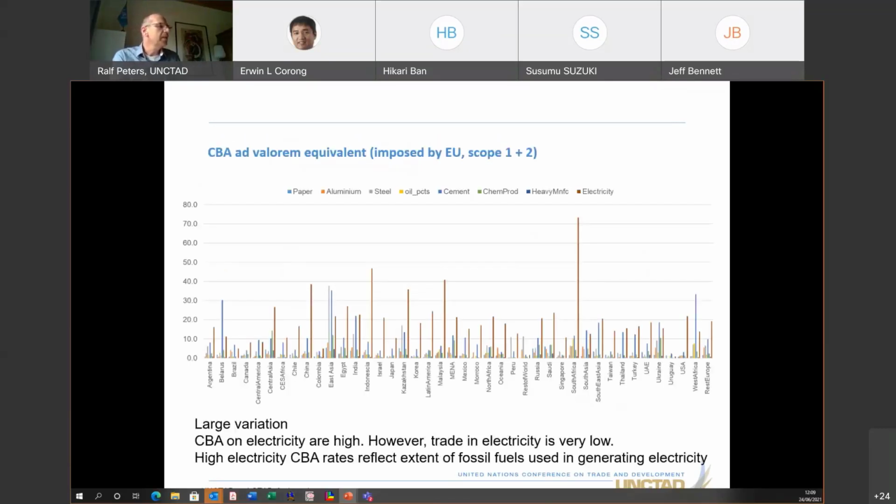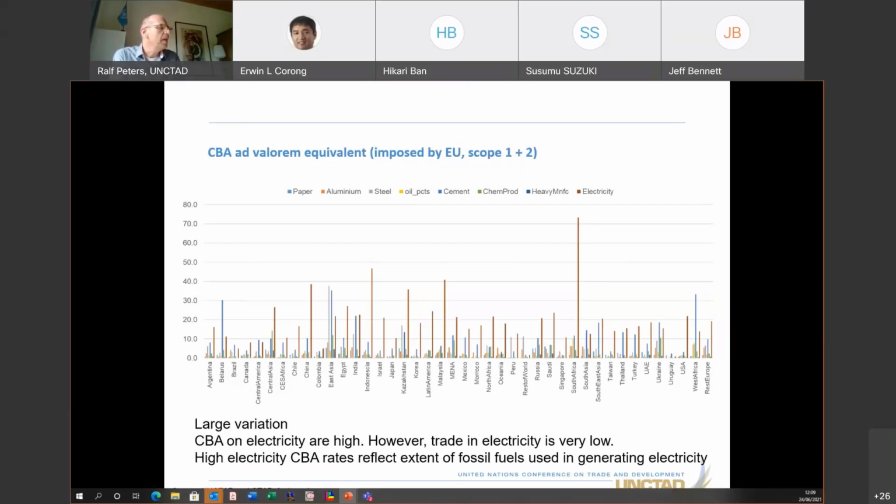What you see here is the ad valorem equivalent that has been calculated. So this is based on the CO2 content embedded in the production in these specific countries. And I mean, maybe you don't see the details here.